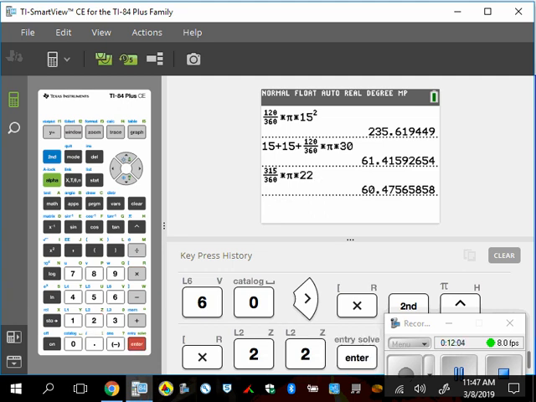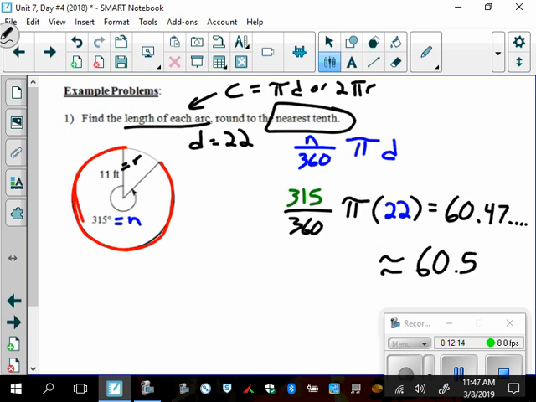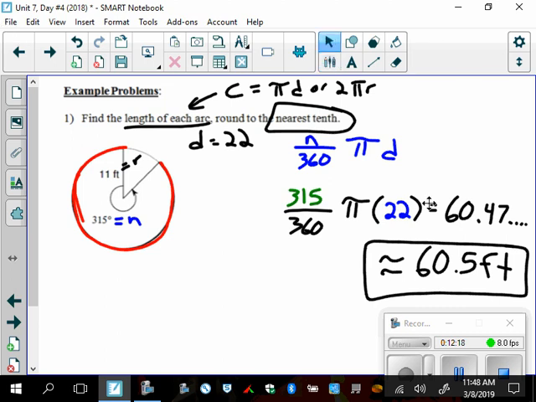And 60.47, to the nearest tenth, the 7 rounds us to 60.5 feet. Okay, not feet squared, because we're doing a linear length, one line length, to figure that out.